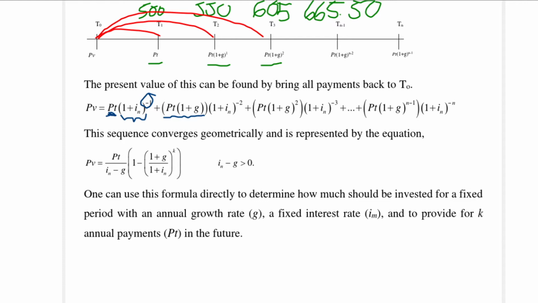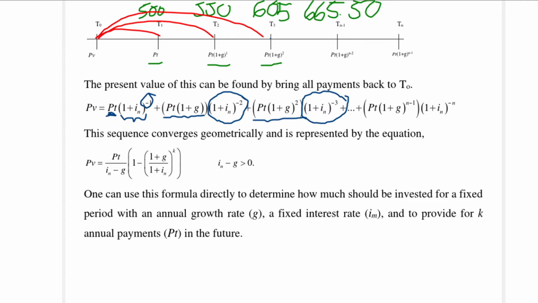So that is why we multiply it with (1 plus i) to the minus 2. The third payment is this one over here, and we move it back 3 time periods, so we multiply it with (1 plus i) to the minus 3, and the same for all the rest of the payments. You will recognize this expression here as a geometric series.